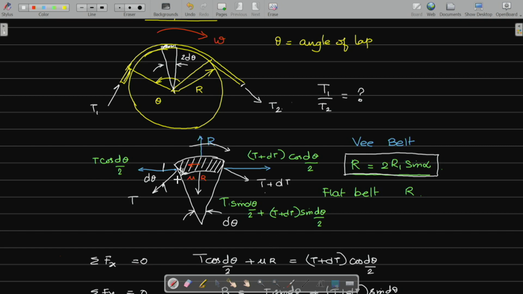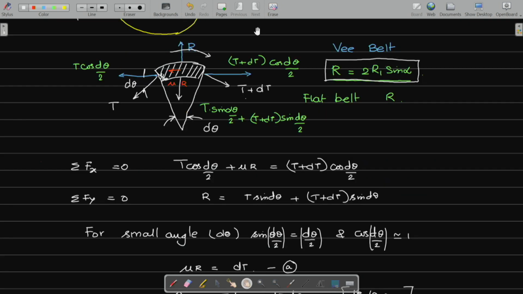The other force which is going to come into action is the friction force, which is going to be mu R. So irrespective of whether it is a flat belt or a V belt, you will have mu R acting like this, and you will have T cos d theta by 2 if I were to resolve it in the horizontal direction, and on the right hand side you will have T plus dT cos d theta by 2.